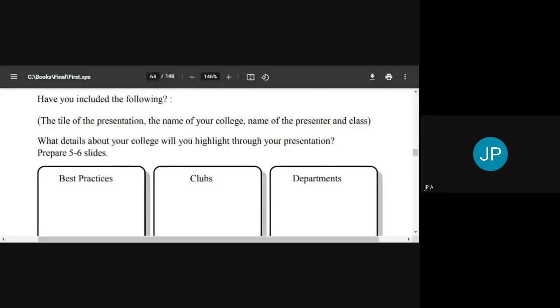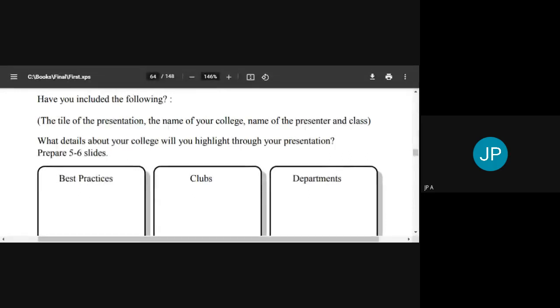Then we can talk about the clubs that we may have in our polytechnic, like we have a debate club, a literary club, a knowledge club, an adventure club, a nature club, so many different clubs and other statutory clubs like National Service Scheme, NCC, etc. And women's cell.